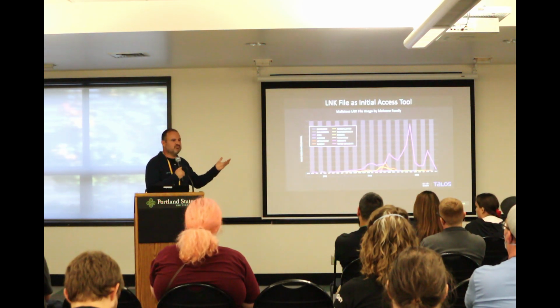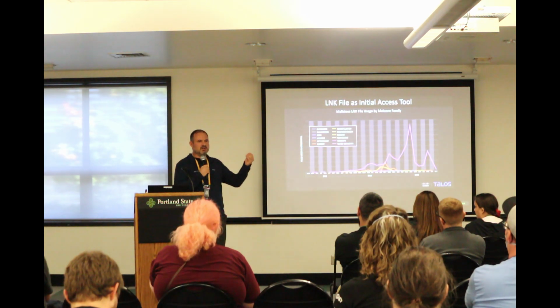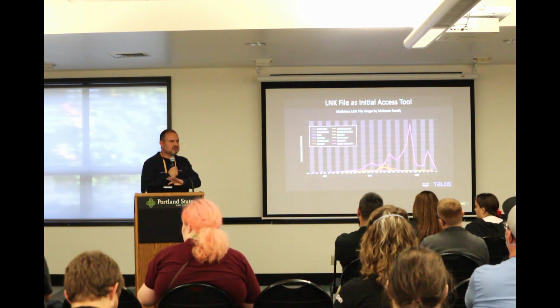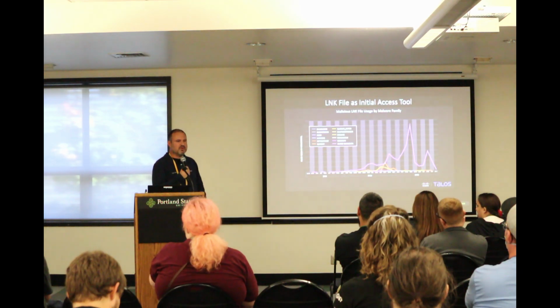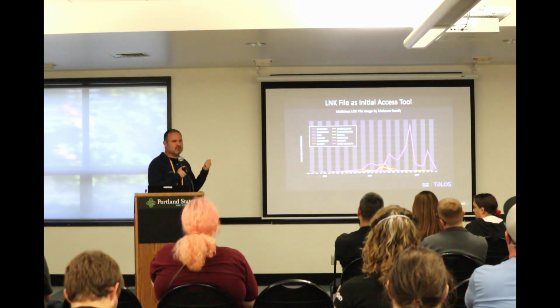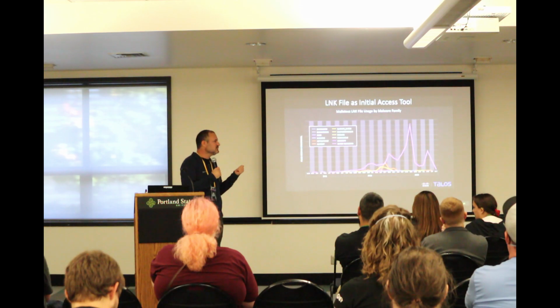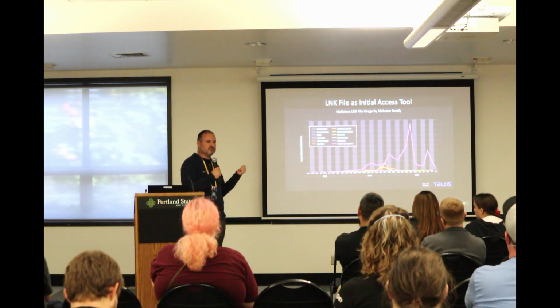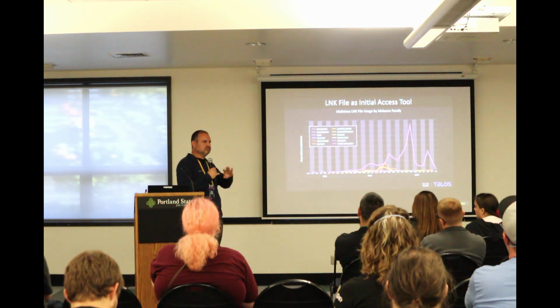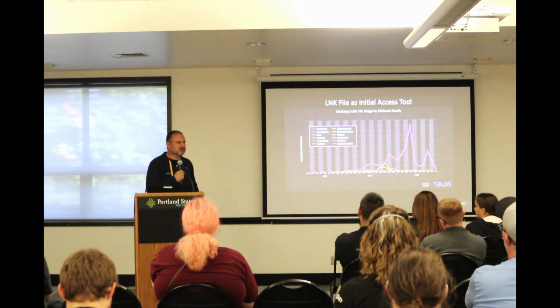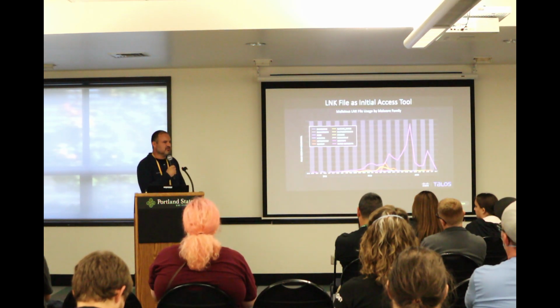So if a file came from the web or the email, and it's extracted from a zip file, it would have this mark of the web. And they also added a lot of rules to detect link files coming from zip files. So this basically killed, at the time, the activity in terms of zip files.